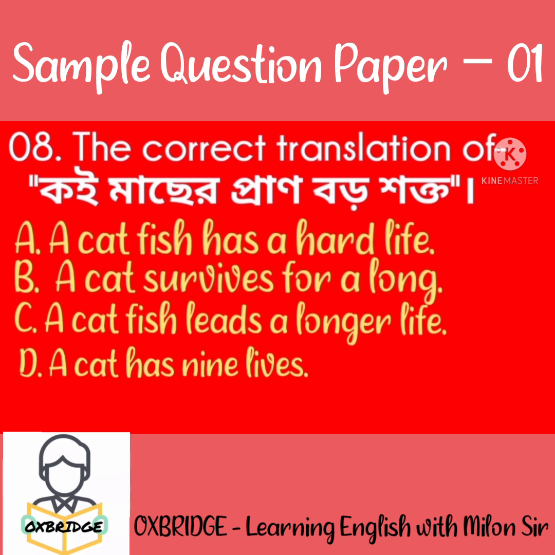Which one is right? Dear guys, there are no specific rules here. We have to memorize the translation of this Bengali saying, and the appropriate translation of this is, a cat has 9 lives. So option D is right.